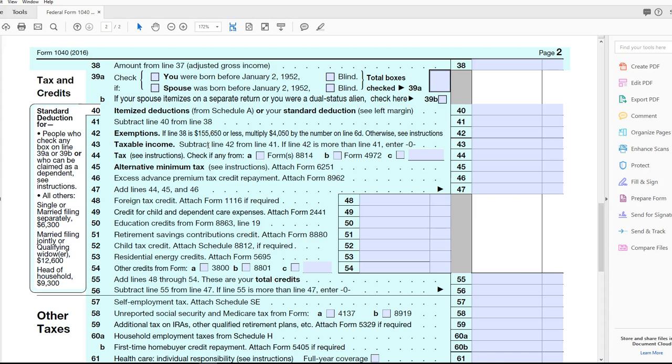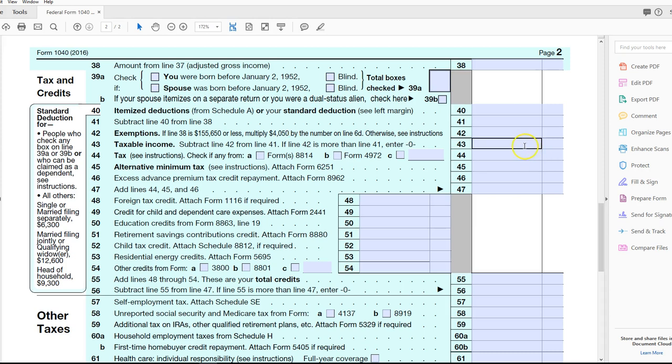Exemptions, everyone is given a standard exemption. So that's the number of people that are on your list of exemptions. So for a single person, there would be one, but married, there'd be two. If there's dependents, it could be three or four. And that times 4,050 is the exemption amount for 2016.